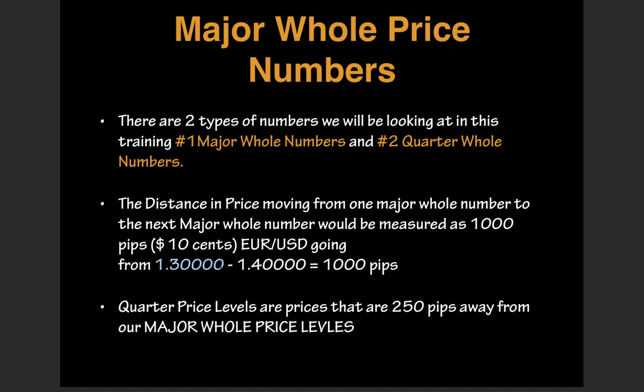This is a major whole number because after the decimal, we're looking at the first number that's changed. The next major whole number up would be 1.40000, or the next one down from 1.30 would be 1.20000. Those are 1,000 pips from each other.